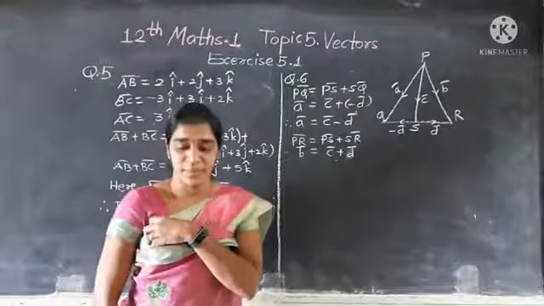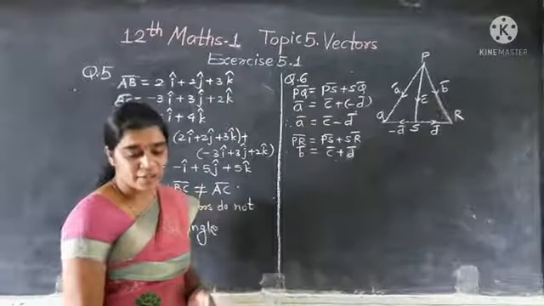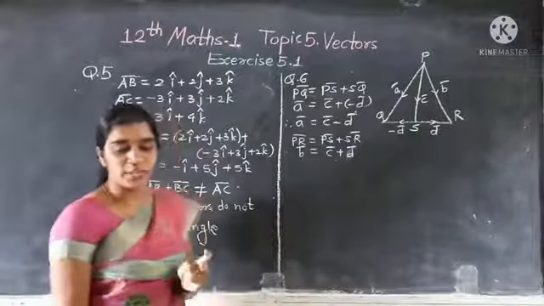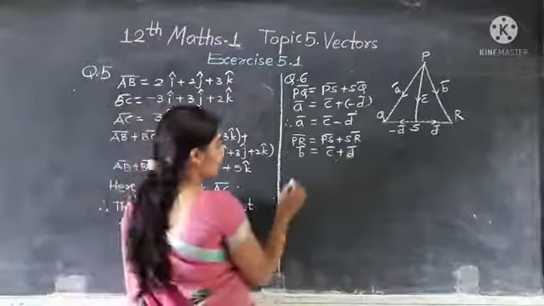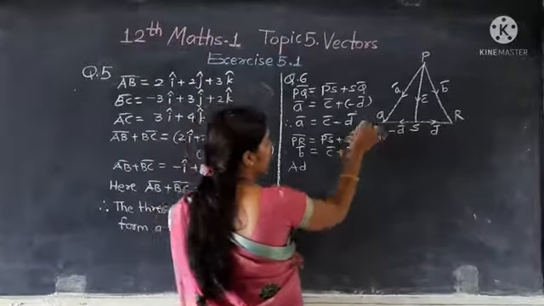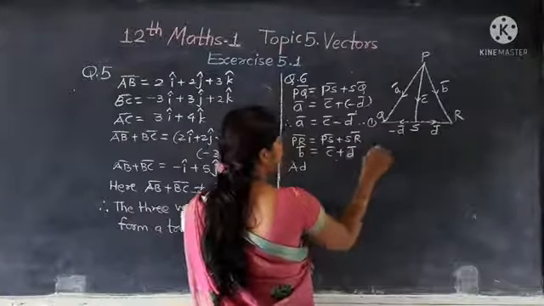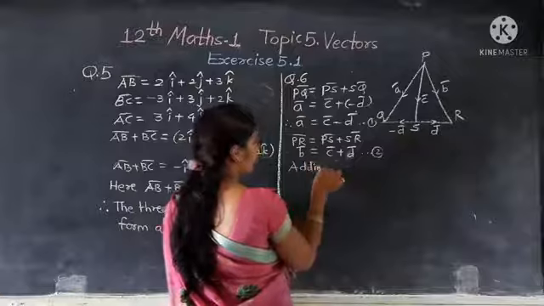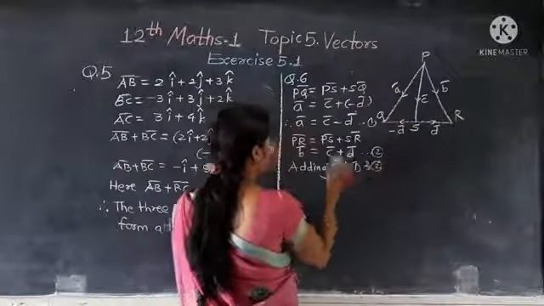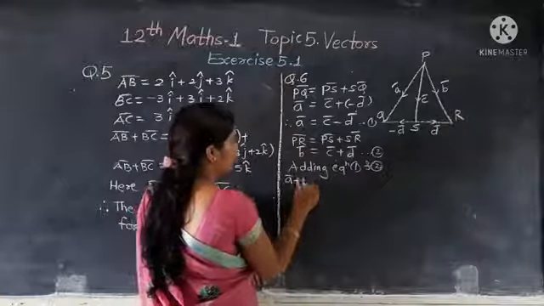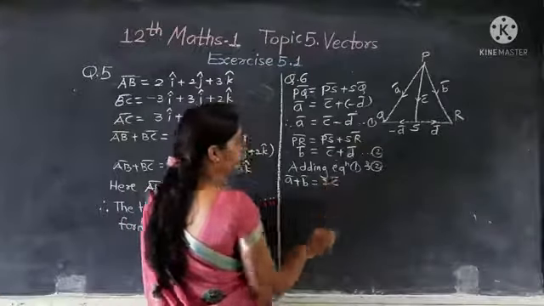Now we add equation 1 and 2. We have to express C bar and D bar in terms of A bar and B bar. We call these equation number first and second. Adding equations 1 and 2, we get A bar plus B bar is equal to twice C bar.